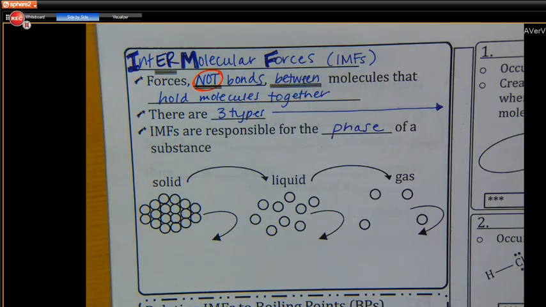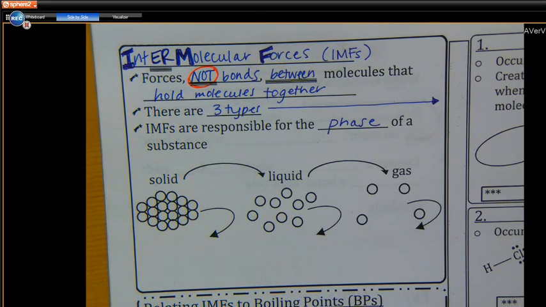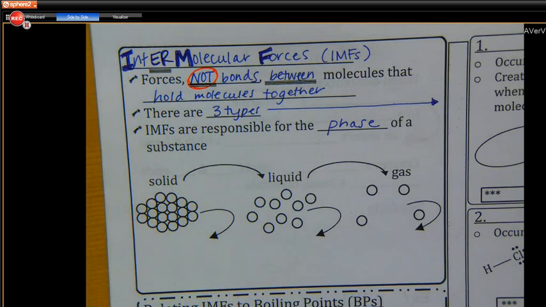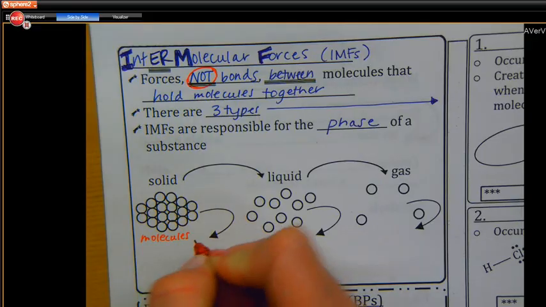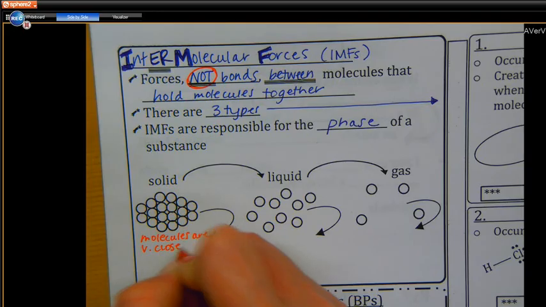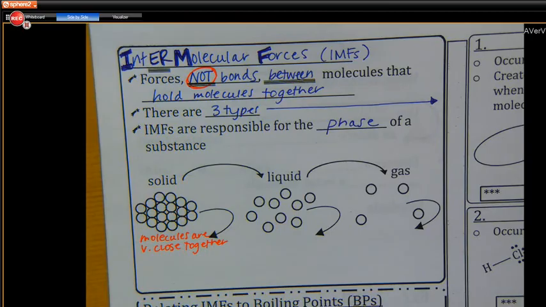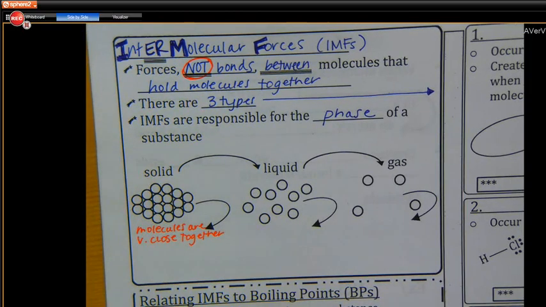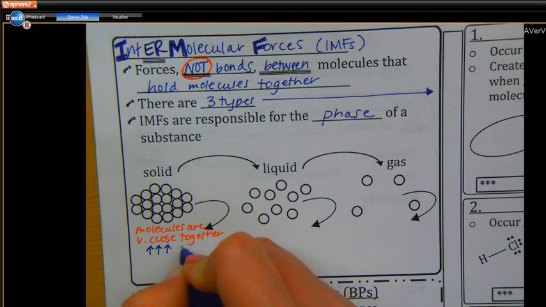If I have a liquid where the molecules can kind of flow a little more around each other, they're still close, but they're getting further apart. That's a liquid. It's got weaker IMFs. And in a gas, where those molecules are just pinging all over the place, they're very far apart.